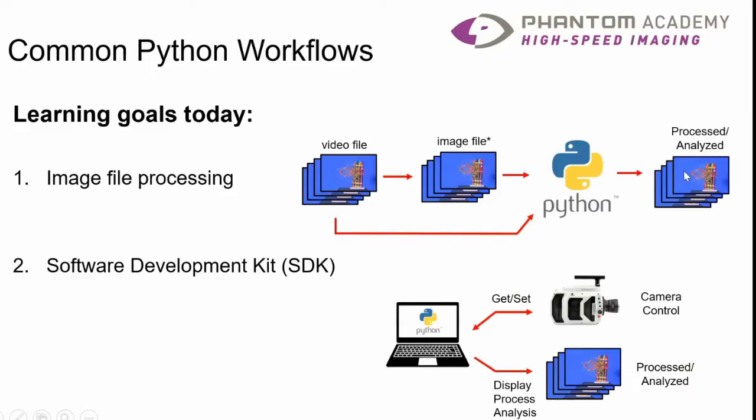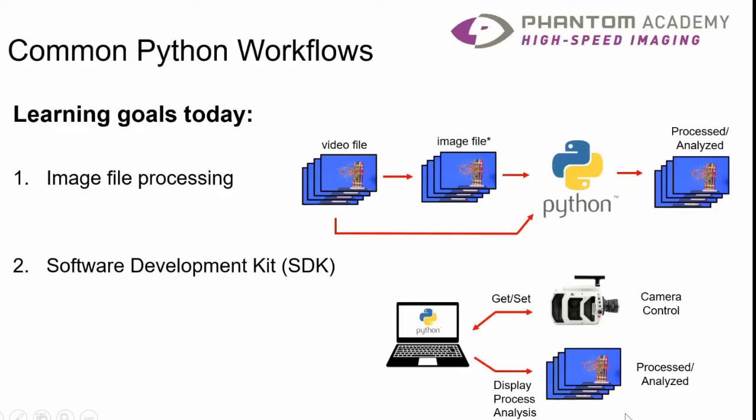Other folks want to be able to control the hardware using get and set functions in Python on their PC, and at the same time do analysis or display or some processing on their images on the fly or in post. For this, you would need to use the software development kit that we're going to talk about. But these are the two common workflows that we see folks using.